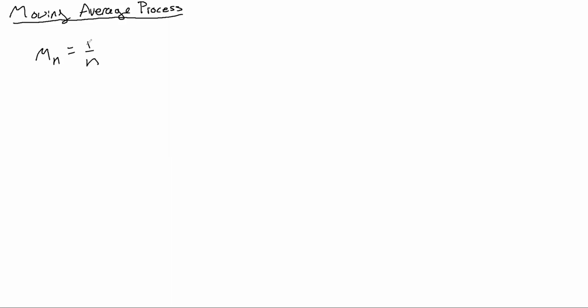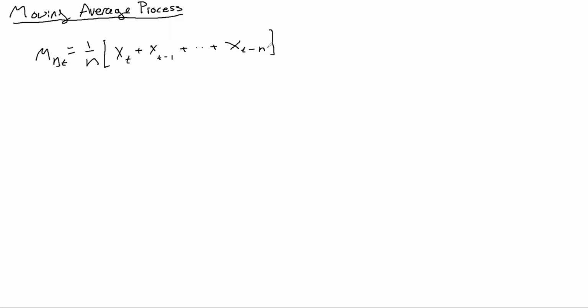You weight all the periods the same. This would give you maybe xt, maybe this would be M n comma t at that time. It's just a moving average. So this is not a moving average process, but this would be a moving average to smooth out data.